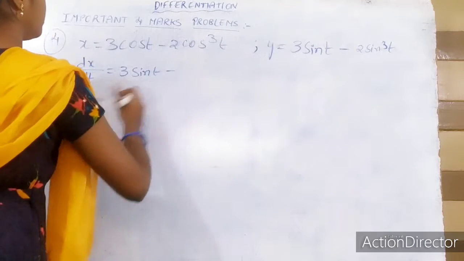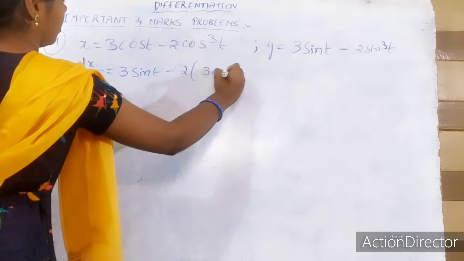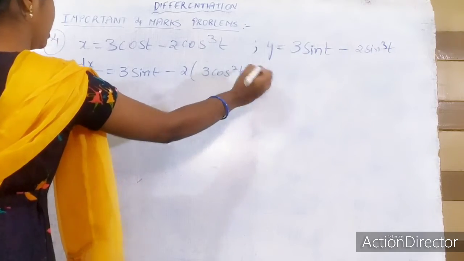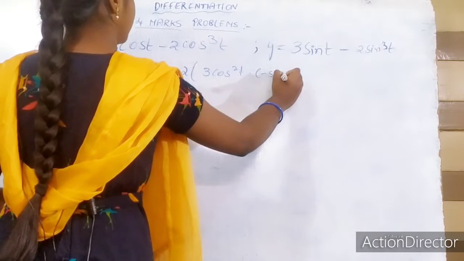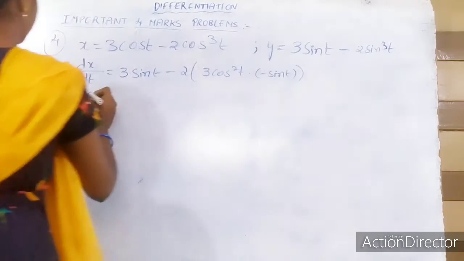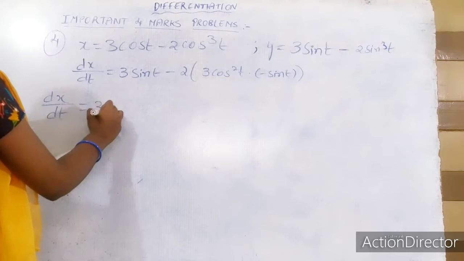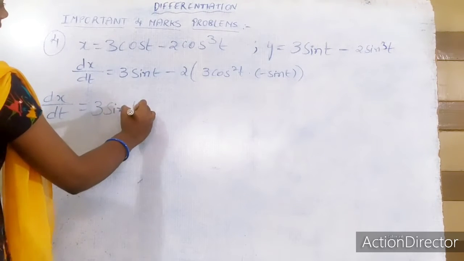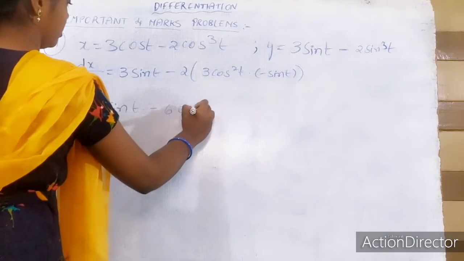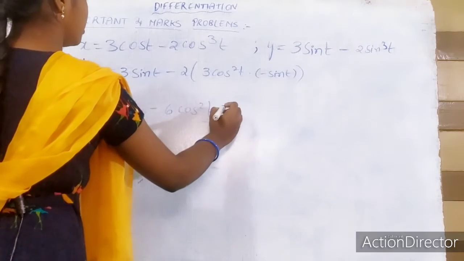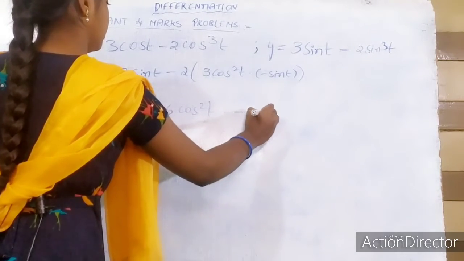So 2 into 3 cos square t into the inner function derivative, cos t, that is minus sin t. So dx by dt is equal to 3 sin t minus 2 into 3 cos square t into minus sin t.